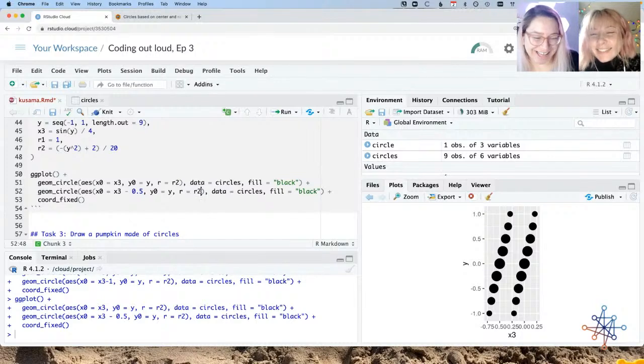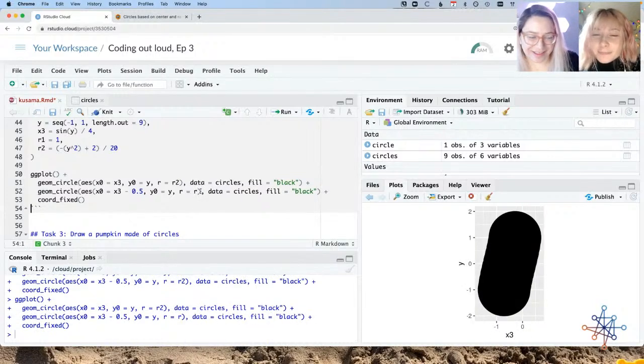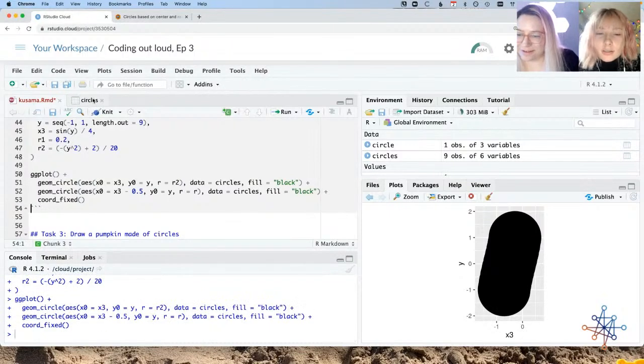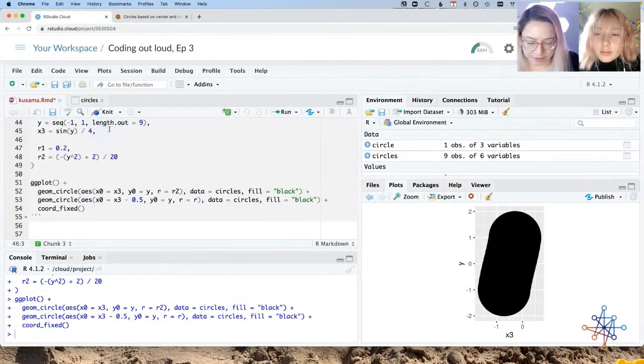And then, yes, again. Oh, well, okay, we just want that to be a smaller number, huh? Yeah, point two. That looks good. And why don't we do this? X4 is X3 minus 0.5.